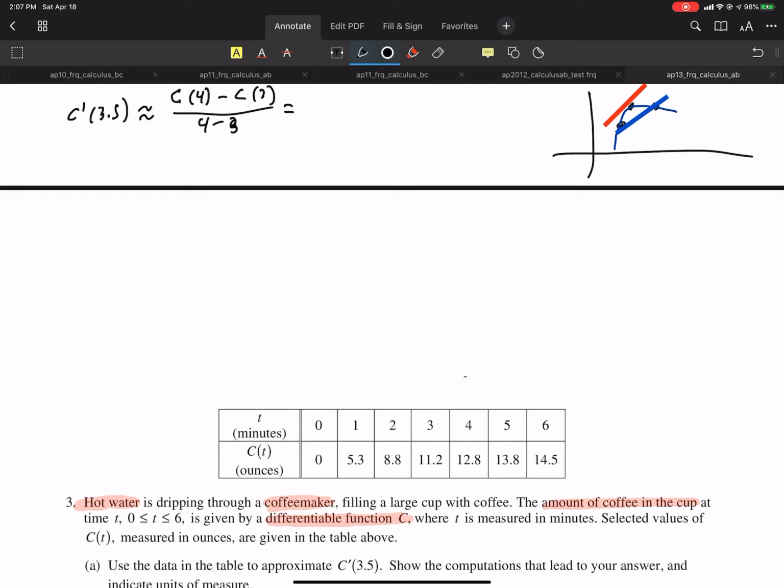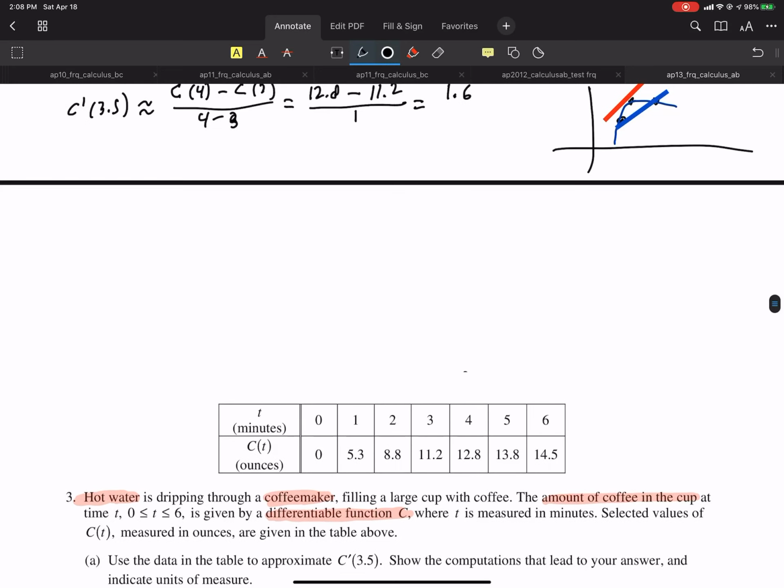So we have 12.8 minus 11.2 over 1. Now you do not have to simplify this. It makes it easier when you write the explanation later, but again, you could just leave it like that even in the explanation. But we get 1.6, and they wanted units, I believe.